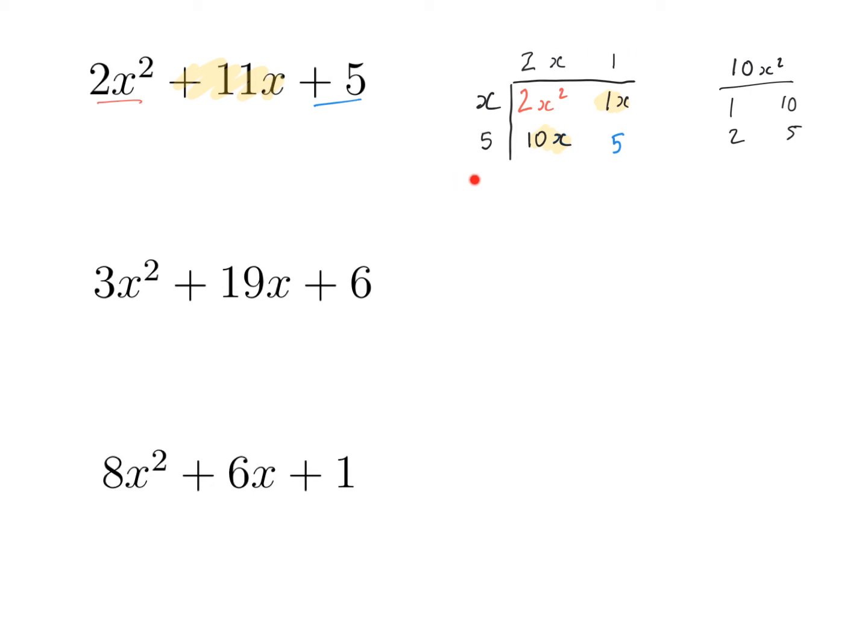So this grid is 100% accurate. It means my trinomial back here can get factorised to 2x plus 1 times x plus 5.